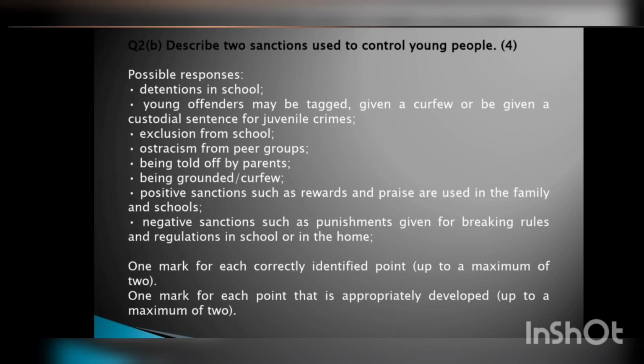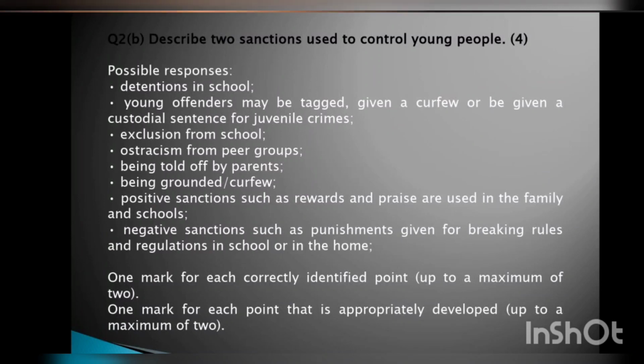Negative sanctions such as punishments given for breaking rules and regulations in school or in the home. 1 mark for each correctly identified point, up to a maximum of 2. Okay, so basically you need to write 2 types of sanctions that can be used to control the behavior of young children or young people.